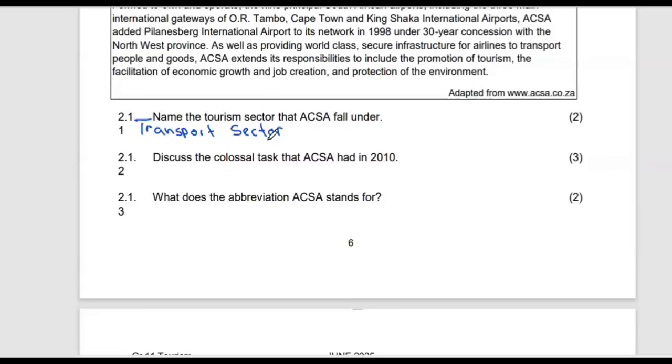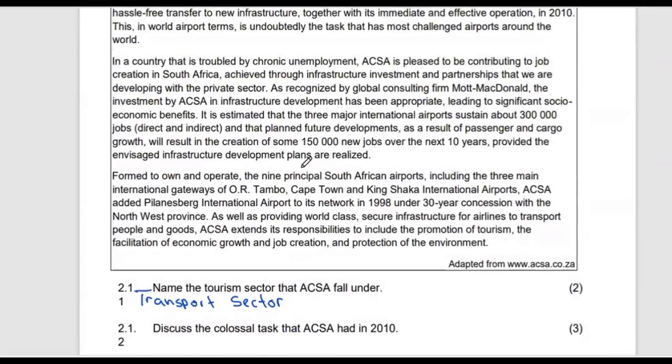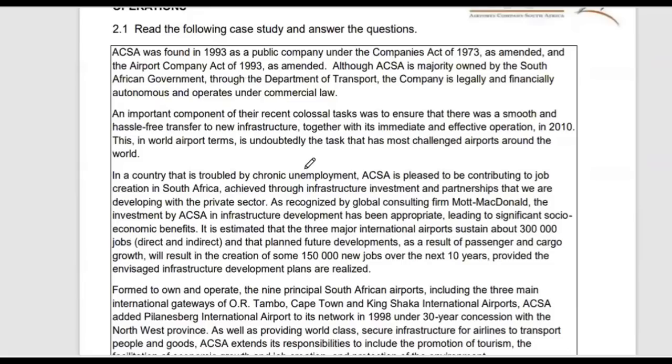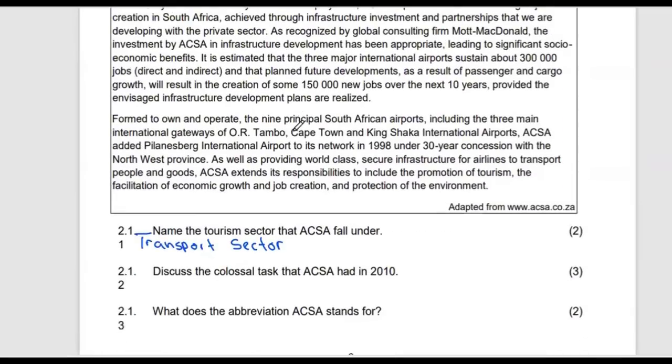Then discuss the colossal task that AXA had in 2010. So our answer, we take it from paragraph 2, line number 2. It begins actually in line number 1 in paragraph 2. An important component of their colossal task was to ensure that there was a smooth and hassle-free transfer to new infrastructure.